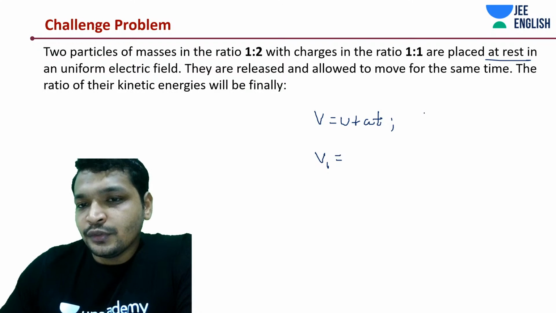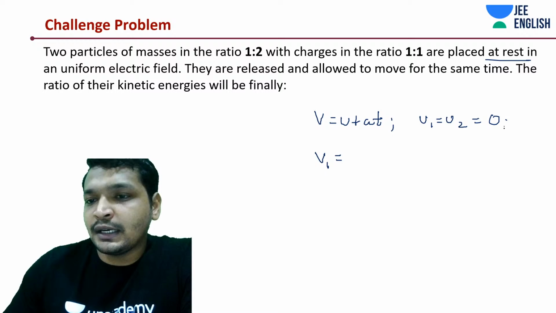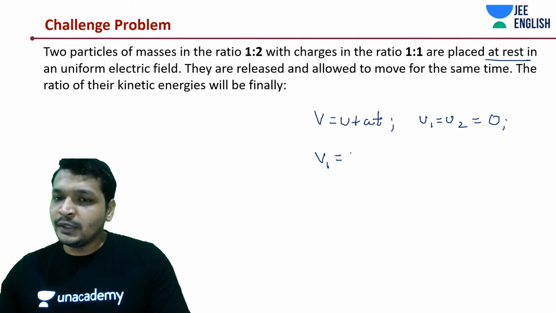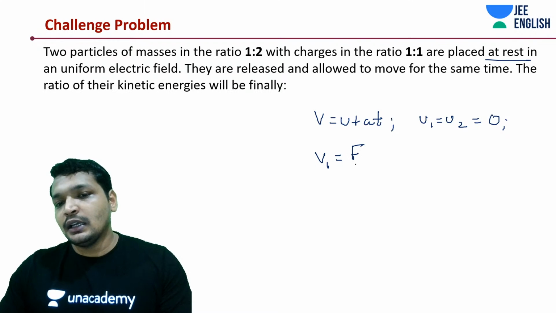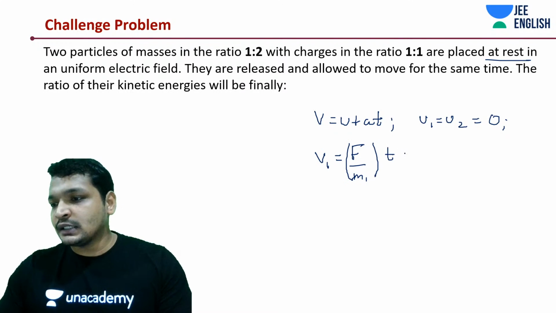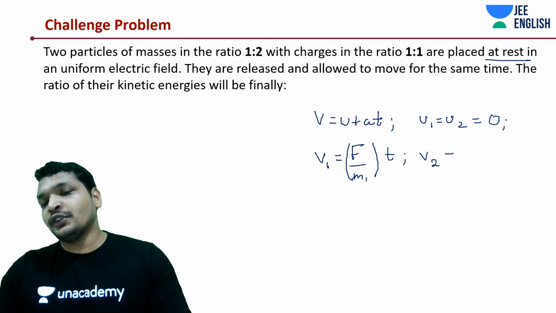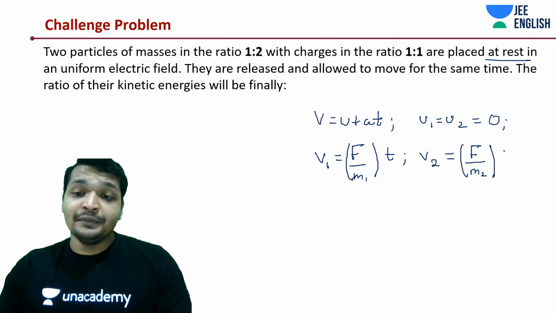U1 and U2 are 0, since both the particles were at rest. Acceleration is F by M1, we just derived it, right? Time T is the same, and V2 is going to be F by M2 into T.